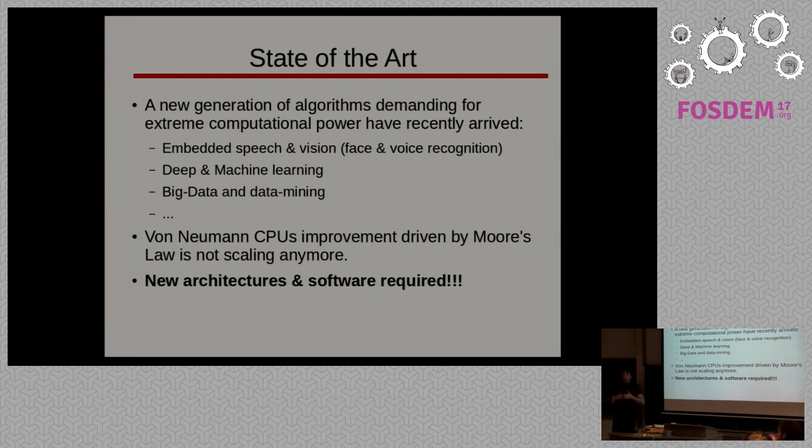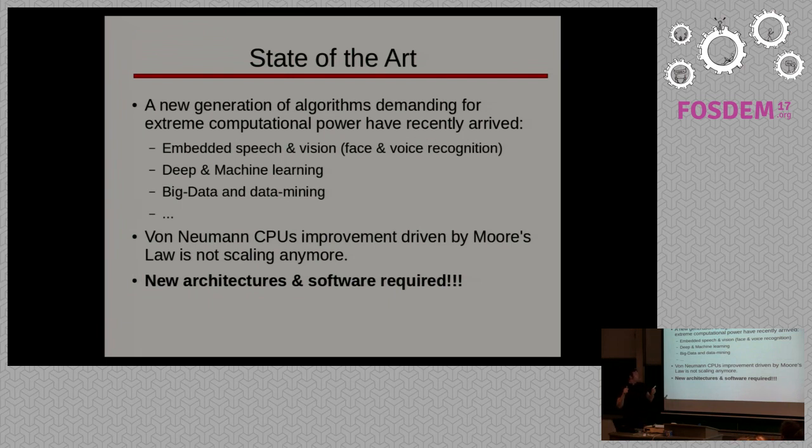Maybe you are already aware of this, but in the last years, a lot of different algorithms are starting to gain a lot of traction, and these algorithms require a lot of computational power. For example, we have embedded speech, embedded vision, deep and machine learning, big data, data mining.